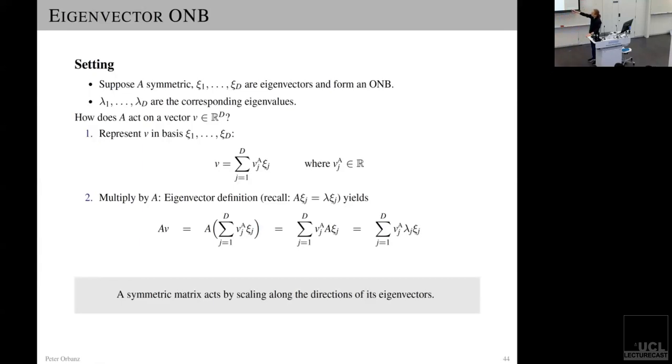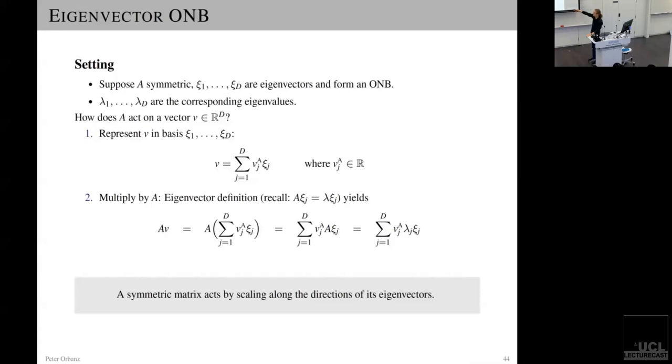Now we multiply that vector by our matrix A. What's going to happen? We multiply A from the left to this vector. That vector is given by this sum, this linear combination. Because A is a linear operation, we can pull it into the sum, and we can pull it through the scaling.